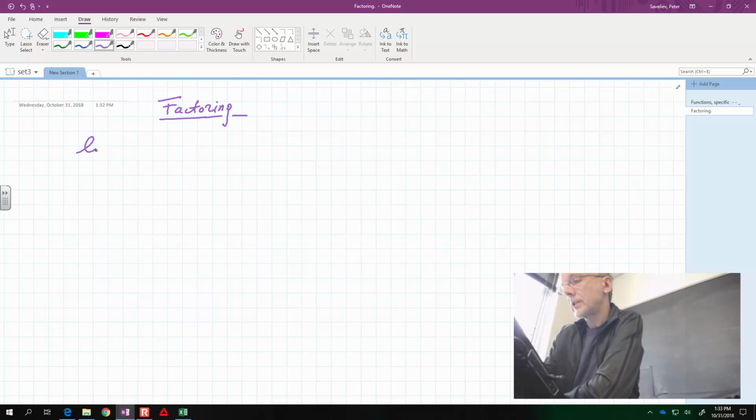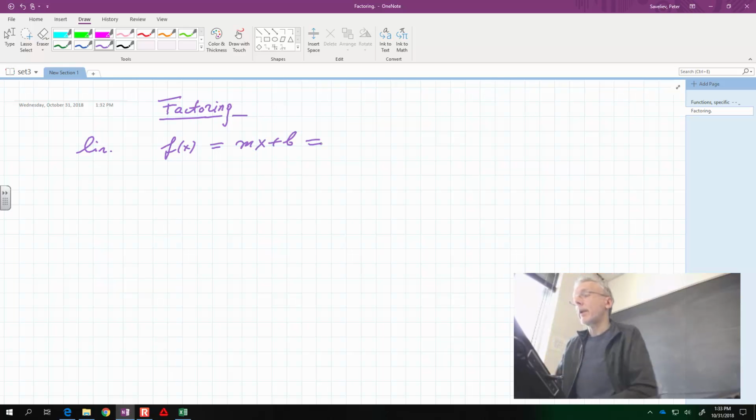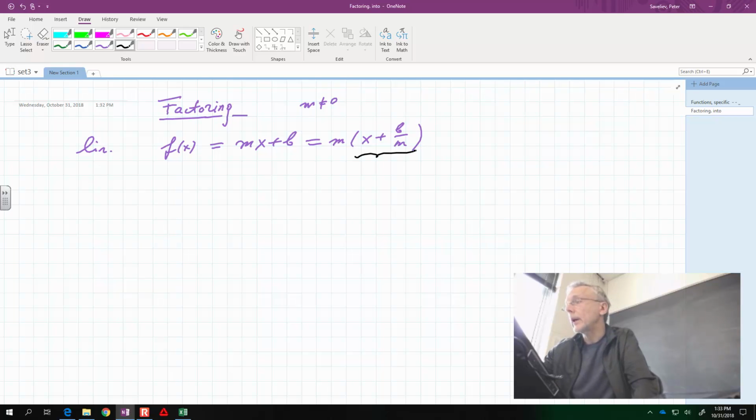Once again, if you take a linear polynomial, f of x is equal to mx plus b, the only way to factor is, we're assuming that m is not equal to 0, so we can just factor m out, and have x plus b over m. It has been factored. So this is what we call typically a linear factor.